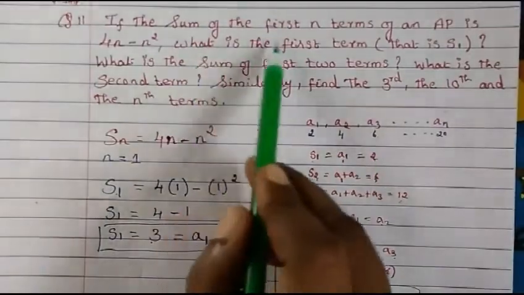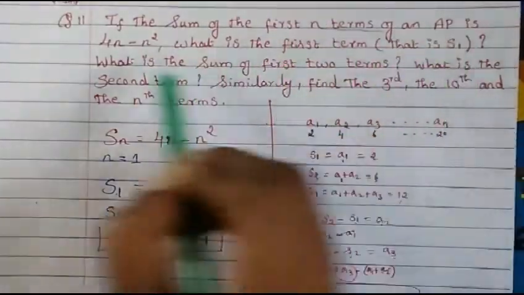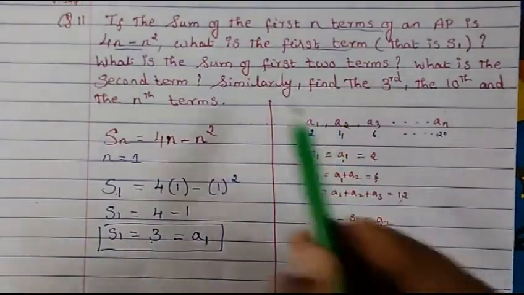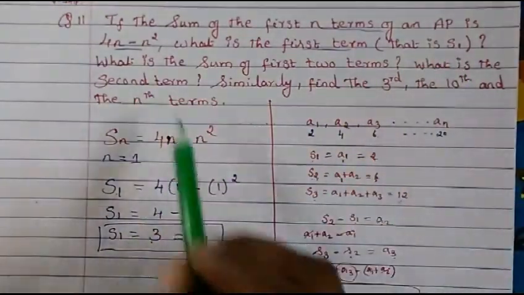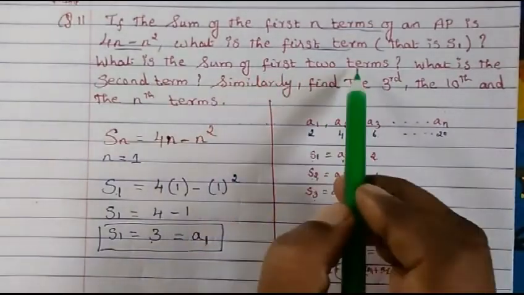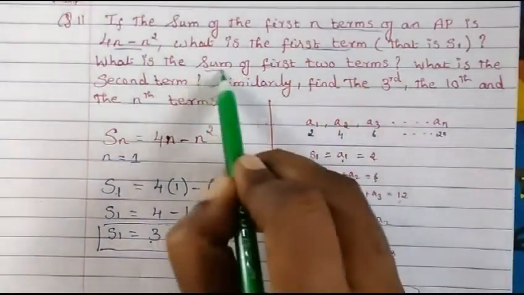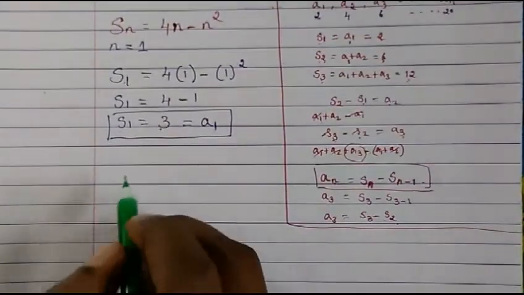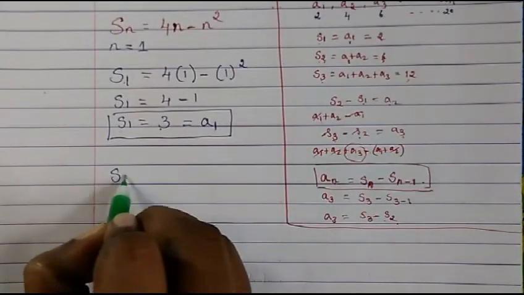So again you see the question. The sum of the first n terms of an AP is given, so what is the first term? First term we found out here. Now what is the sum of the first two terms? S2 we have to find out.